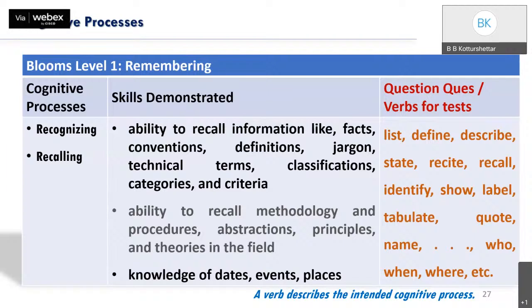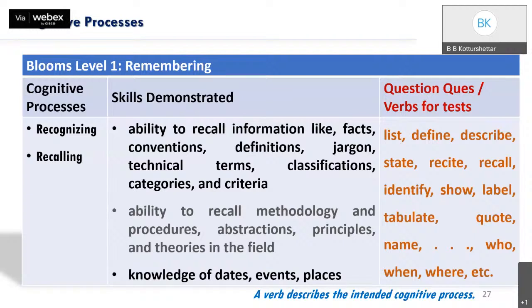And how do we ask questions, or how do we frame outcomes in order to test the student for remembering? We make use of what are known as action verbs or question cues. On the rightmost of the table, there is a list of verbs: list, define, describe, identify, tabulate, or who, when, where.